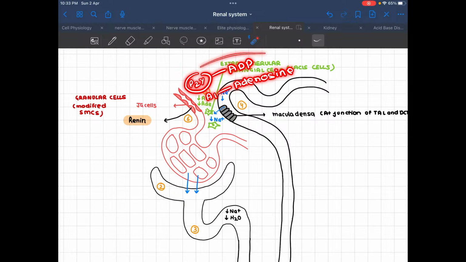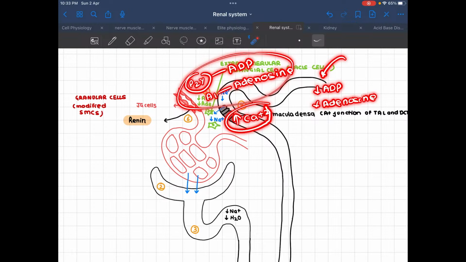Whenever these receptors are stimulated, they lead to an increase in calcium. But right now these substrates are less. There is a decrease of ADP and a decrease of adenosine, so these receptors will not be stimulated and there will be a decrease in calcium.